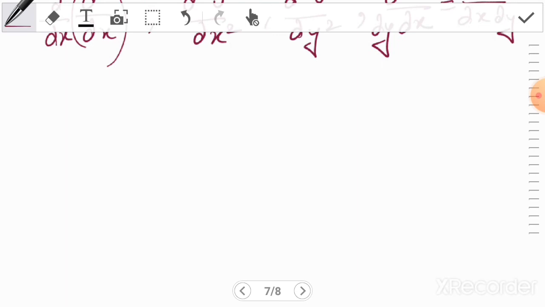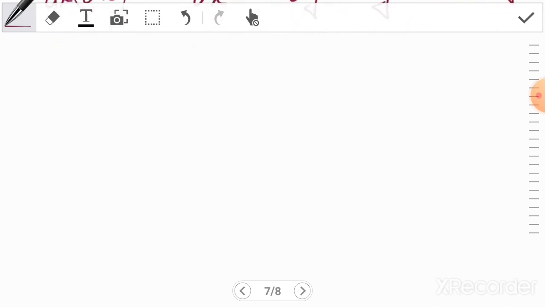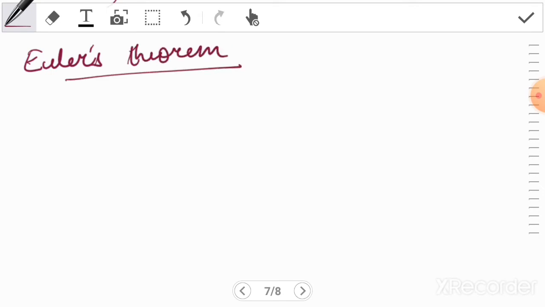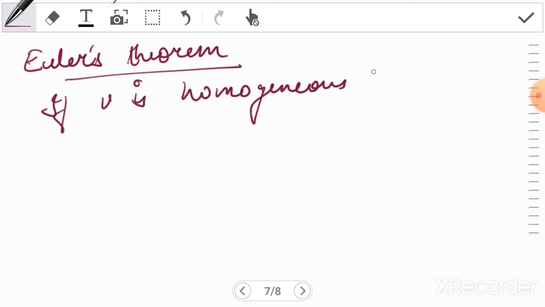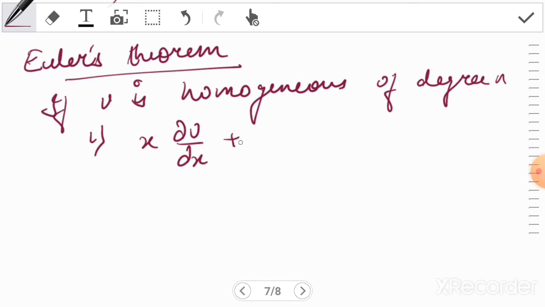Euler's theorem. If u is a homogeneous function of x and y of degree n, then x del u by del x plus y del u by del y is equal to nu.